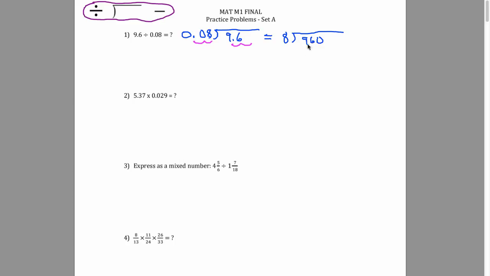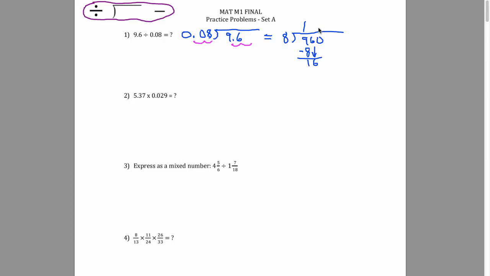Now the reason it's 960 is because you move the decimal point 1, you run out of places, so you need to insert a 0. And then we begin. How many 8's in 9? 1. 1 times 8 is 8. You subtract, and you bring down the next digit.